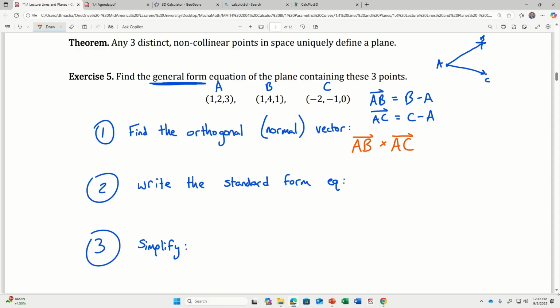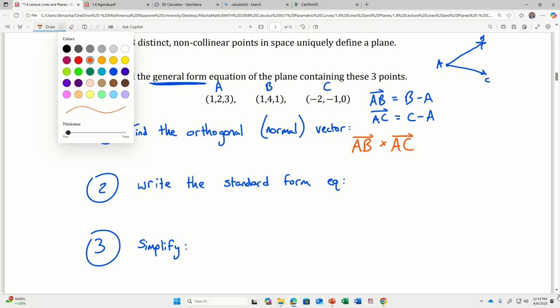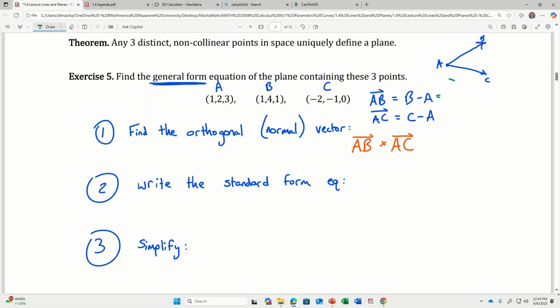So anyways, let's do it. Let's figure this out. B minus A is going to be the vector 1 minus 1, 4 minus 2, 1 minus 3. And C minus A is going to be the vector negative 2 minus 1, negative 1 minus 2, and 0 minus 3.